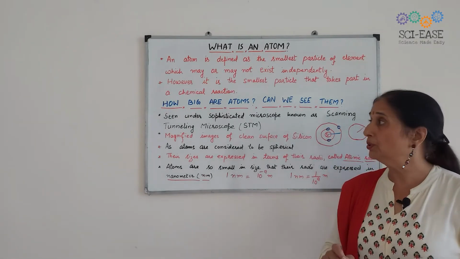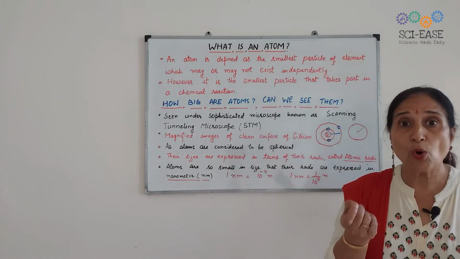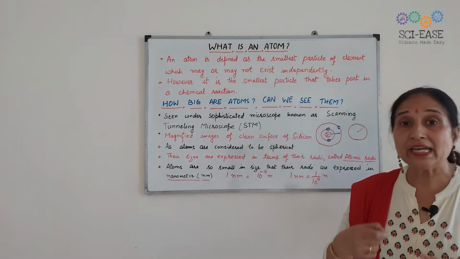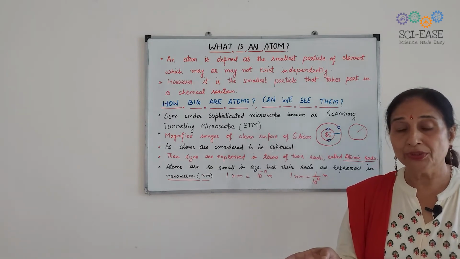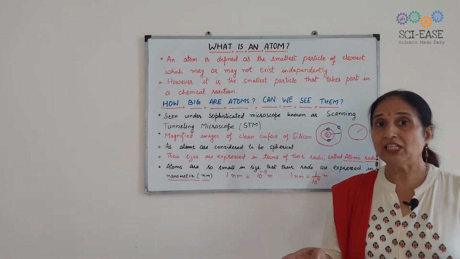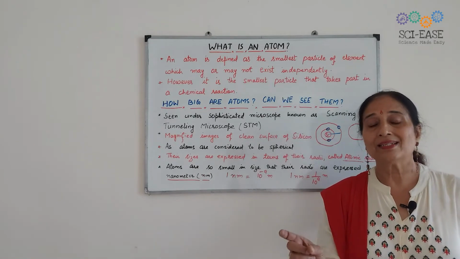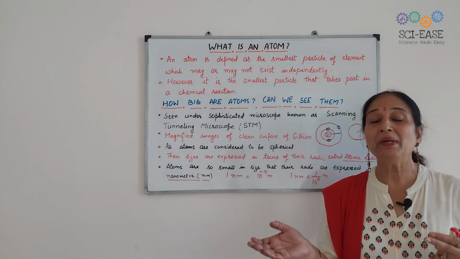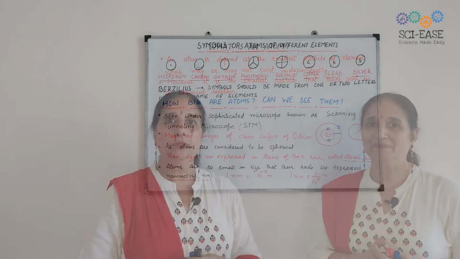Then I told you their size, how small they are, and how we can see the atoms, and the units in which the atomic radii are expressed. That is the nanometer, and I have told you the relationship between meter and nanometer.